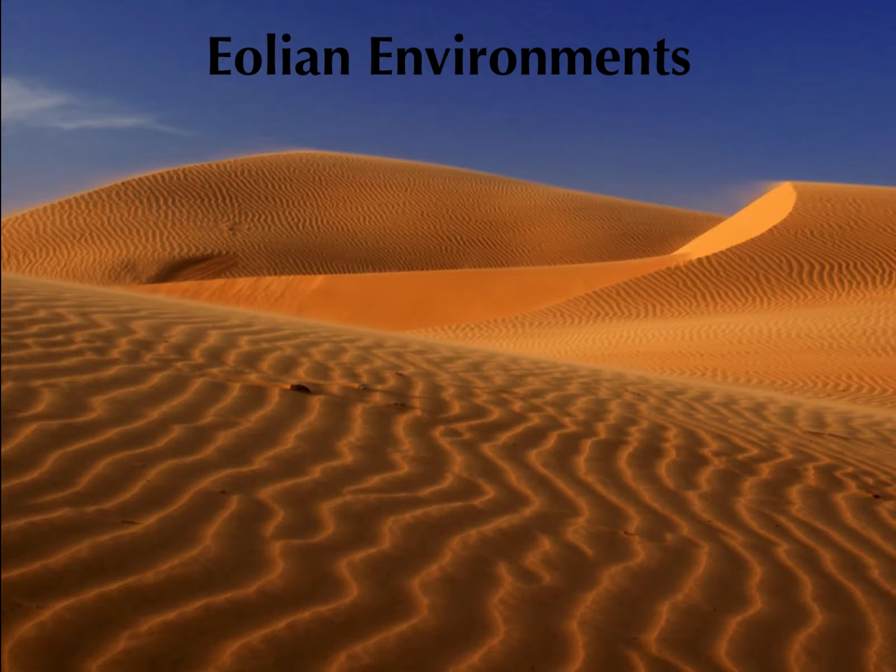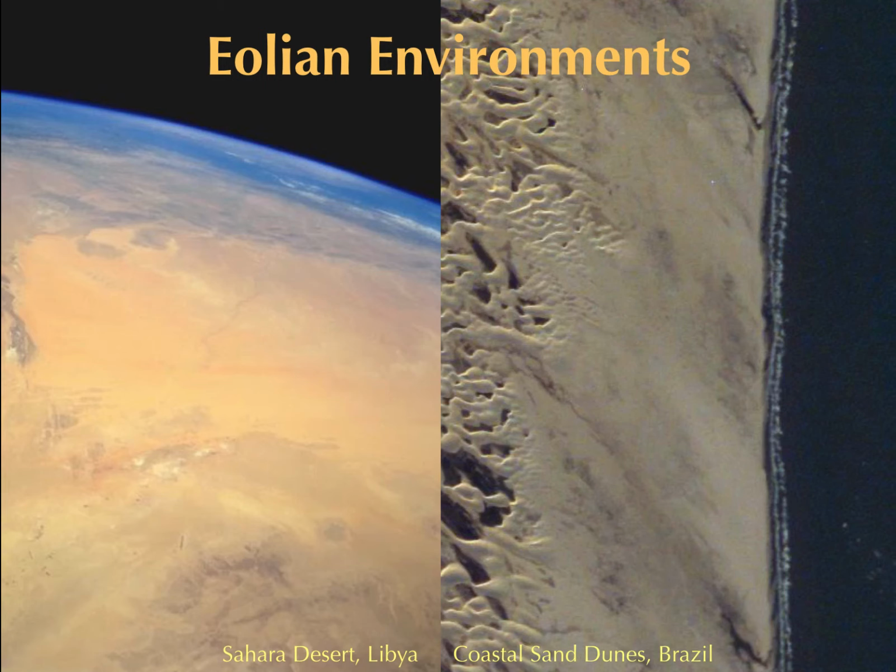So aeolian environments most commonly occur in dry environments like deserts, but that doesn't necessarily mean that all aeolian environments are desert environments. For example, we've got two images, one on the left, one on the right.